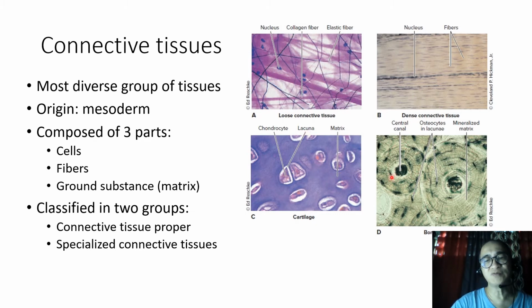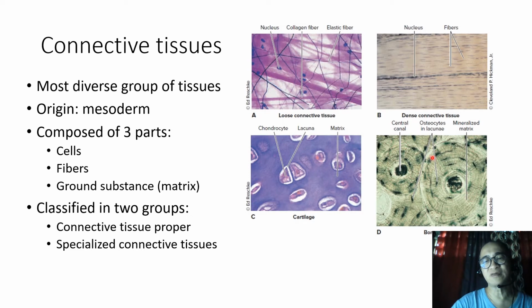Here you have bone. Bone is a highly specialized connective tissue for support and protection. It is formed by concentric rings of osteocytes, with a central Haversian canal through which blood vessels and nerves traverse.